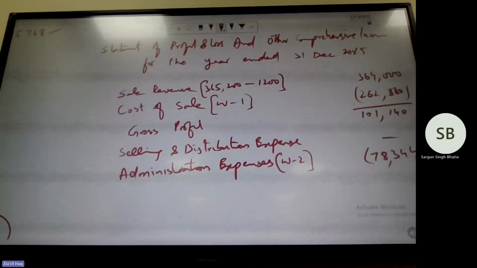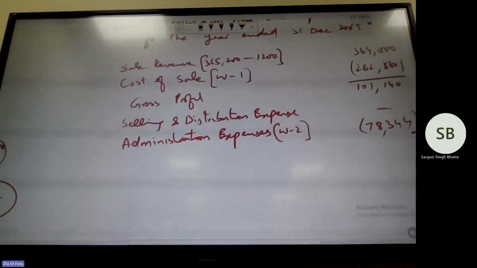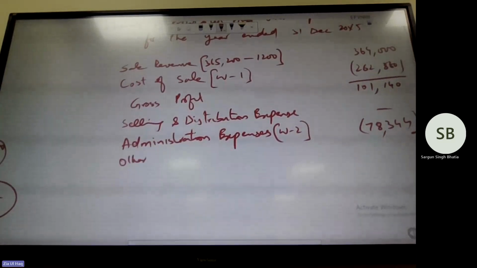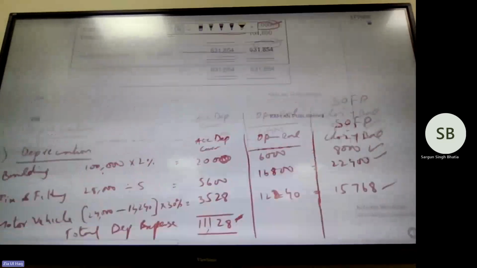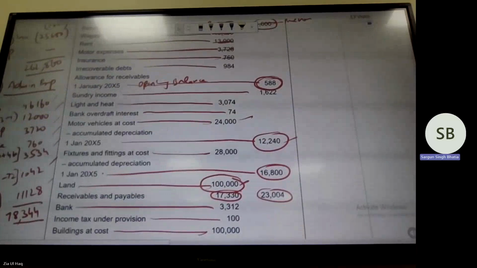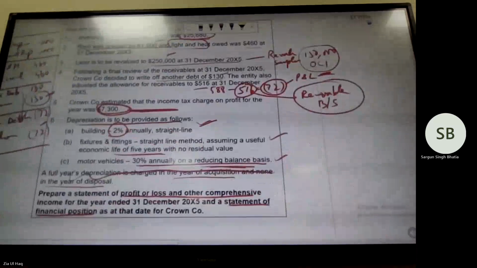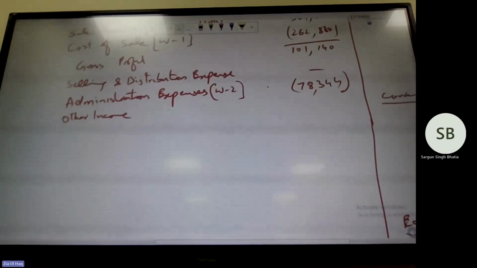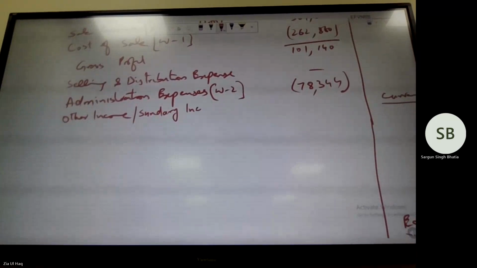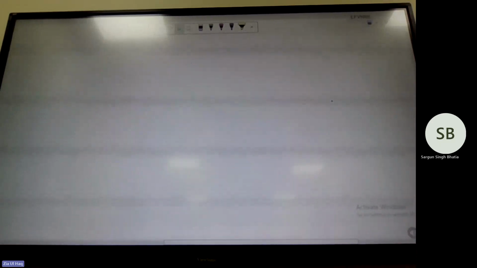Now we need to add if there is any other income. Is there any other income? Yes, sundry income 1,622. So we need to add this sundry income, 1,622.